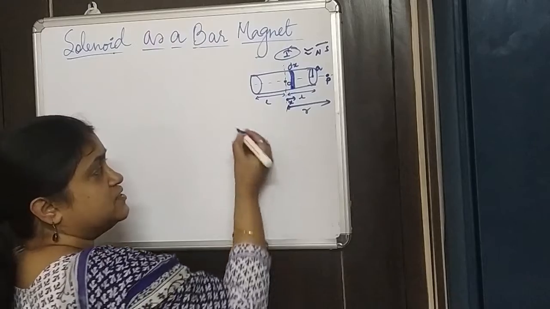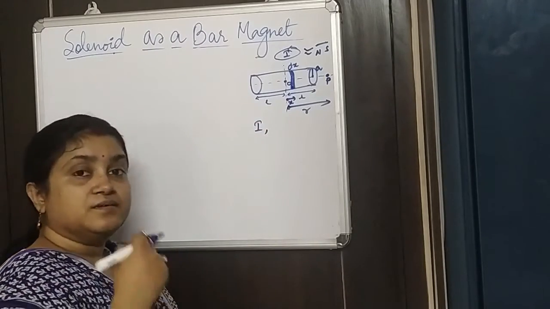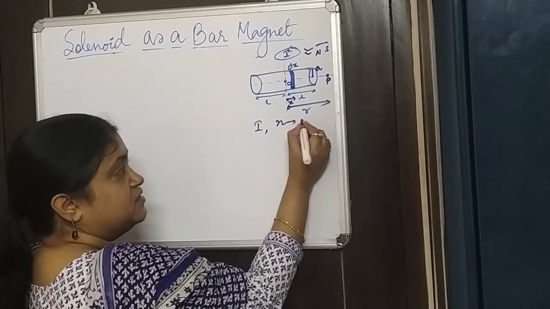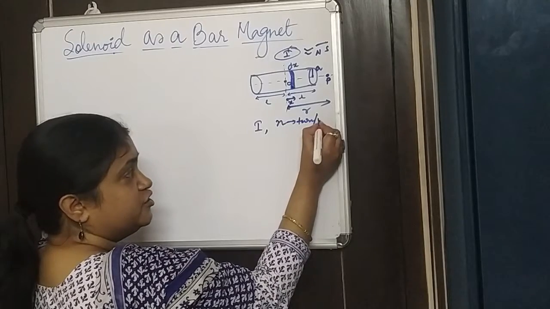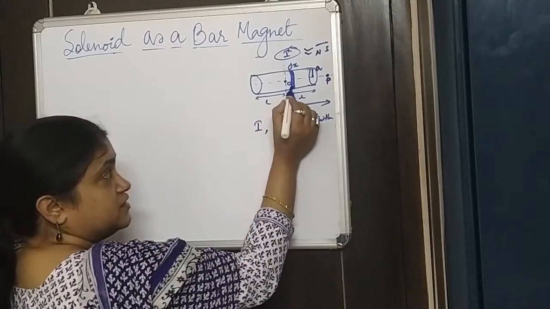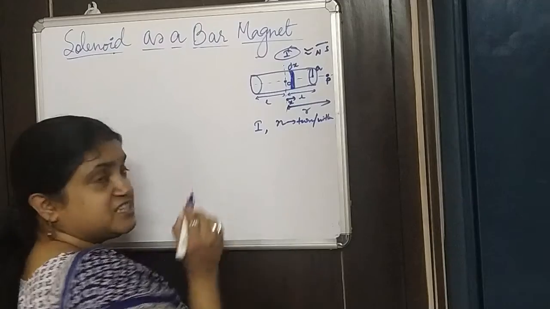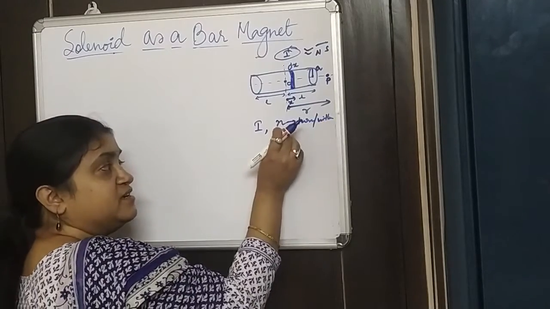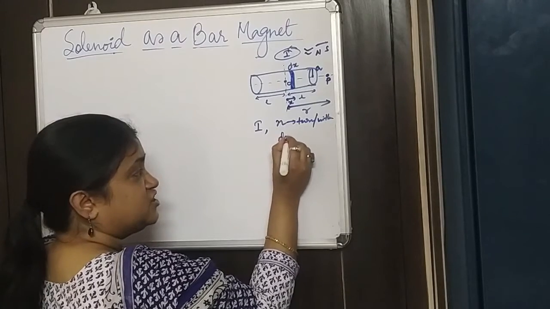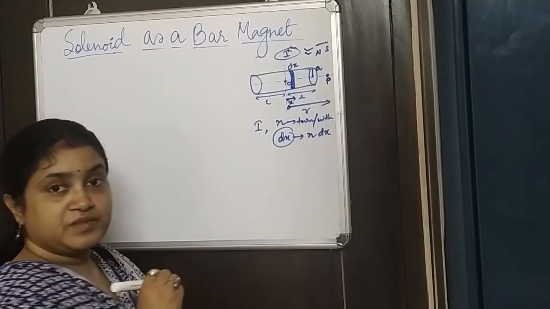Let's suppose this solenoid is carrying a current I, and the number of turns per unit length is n. Now for this small section dx, if for unit length the turns are n, then for the small section dx the number of turns will be n dx.